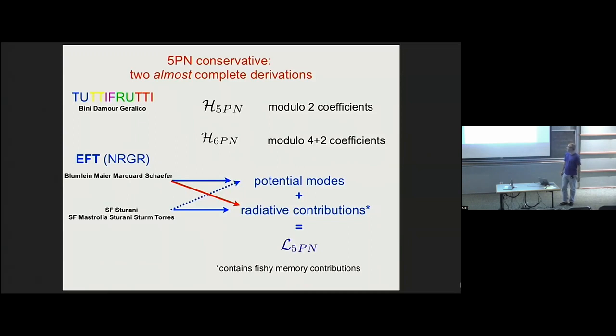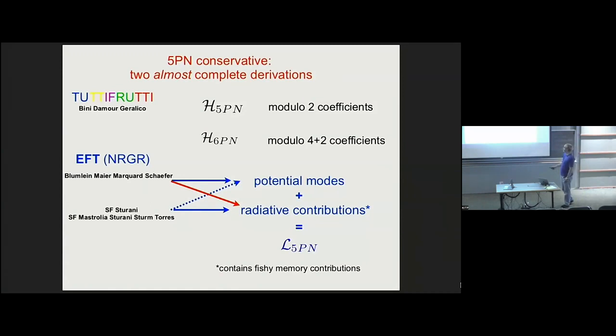They produced a 5PM Hamiltonian which is almost complete, in the sense that there are just two unknown coefficients in this Hamiltonian. They even went further and had a 6PM Hamiltonian modulo 4 new coefficients, for a total of 6 for the dynamics up to 6PM. So this is the first almost complete derivation of 5PM dynamics.